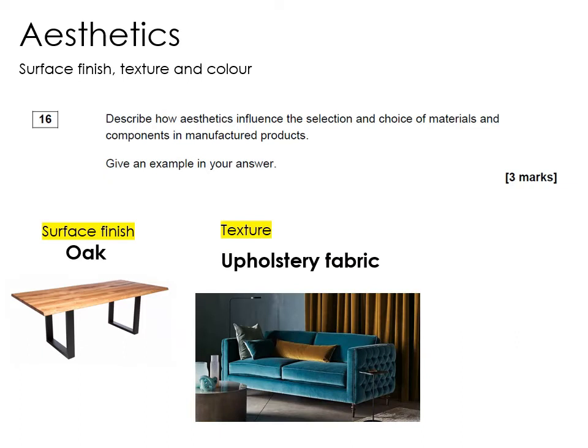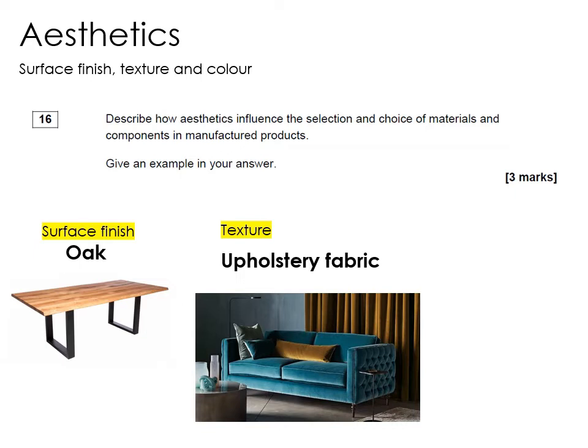It might be that for a sofa you want the material to have a certain kind of texture, so something like leather or wool or anything like that could be used on a soft furnishing product like this, because you might want it to have a warm, comfortable feeling that the user is going to enjoy.